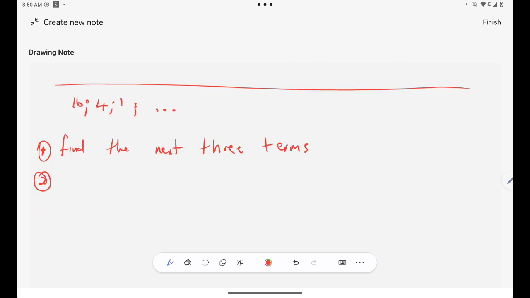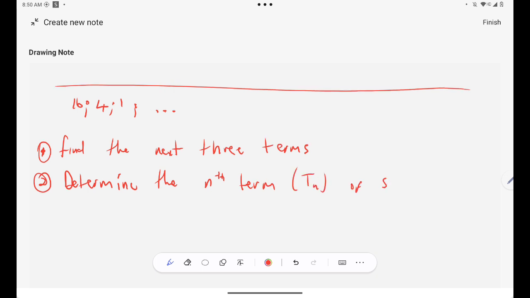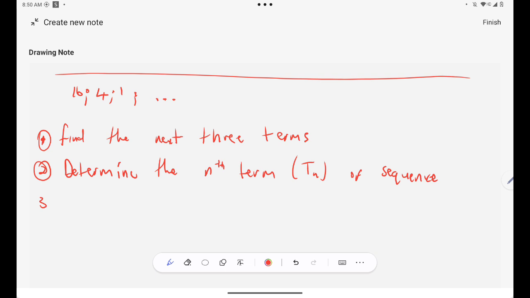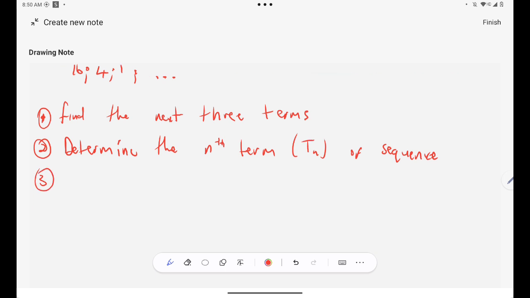Number 2: determine the nth term of the sequence. You can pause the video and do these questions on your own, and then we'll do it together.